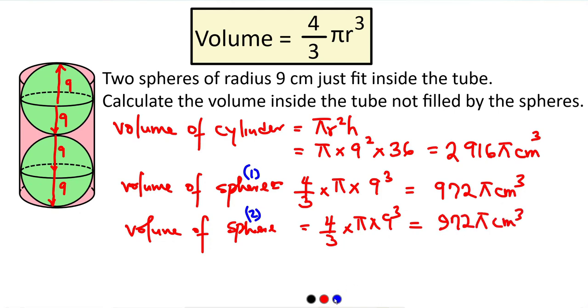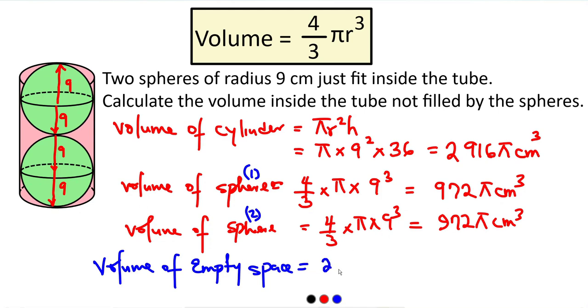So to wrap up everything here, we want to find the volume of the space inside the tube not filled by the spheres. So the volume of empty space, that's another way to put it, will be calculated by the volume of the cylinder subtract the sum of the two spheres. So we know the volume of the cylinder is 2,916 pi.